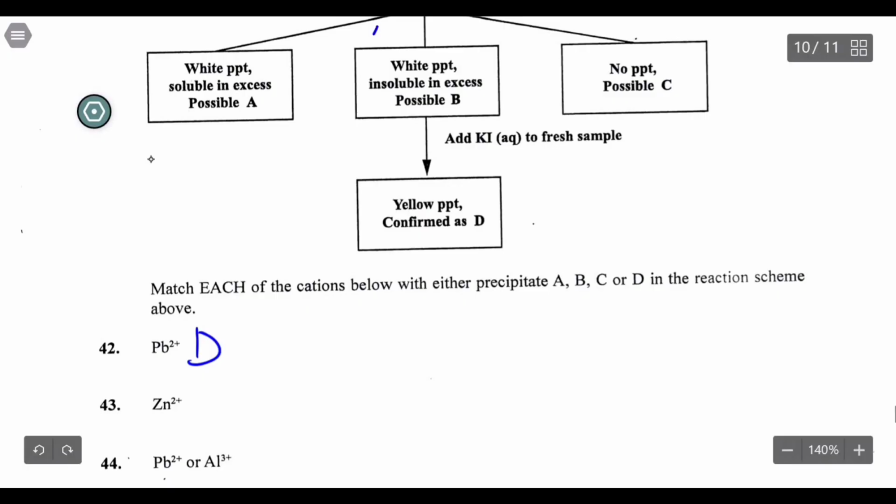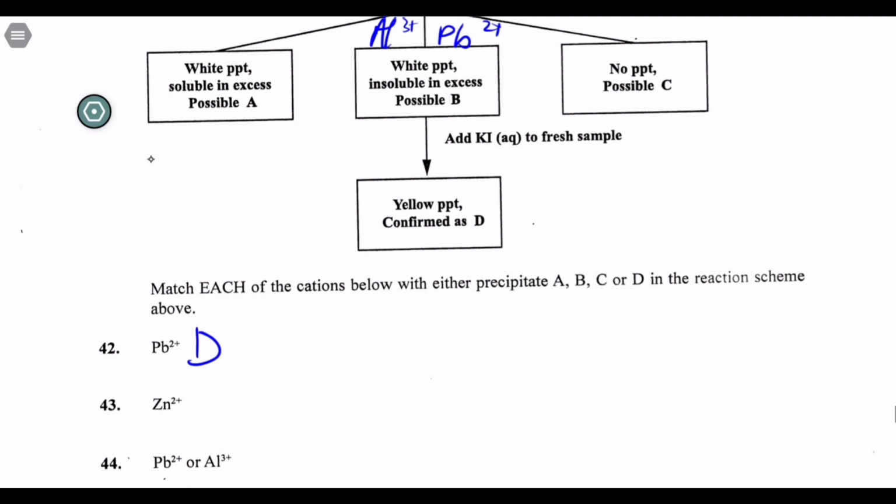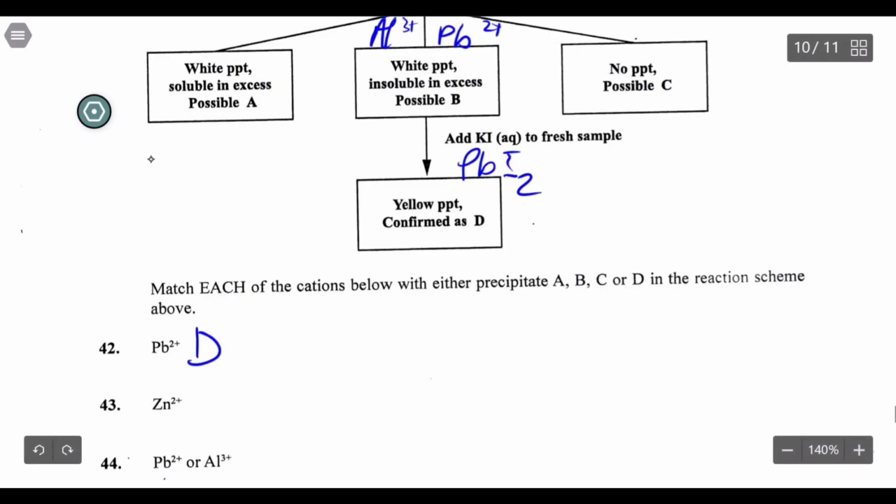So this could either be aluminum 3+ or lead 2+, but what confirms the lead is the yellow precipitate formed when you react it with potassium iodide, and what would form is PbI2, which is lead iodide, and that is actually yellow.